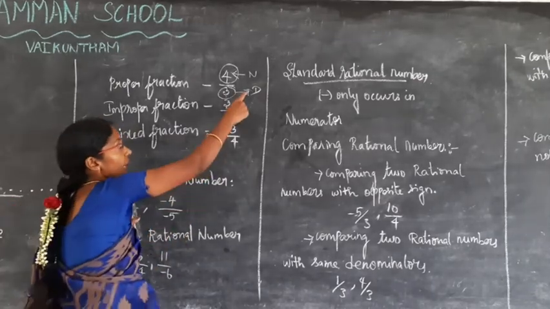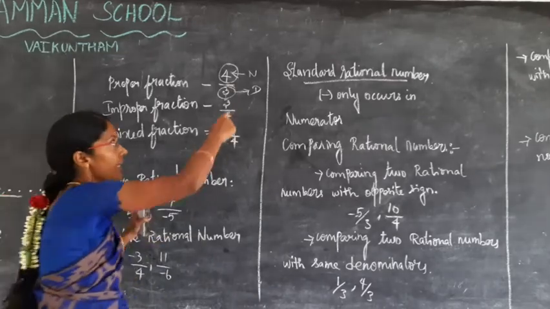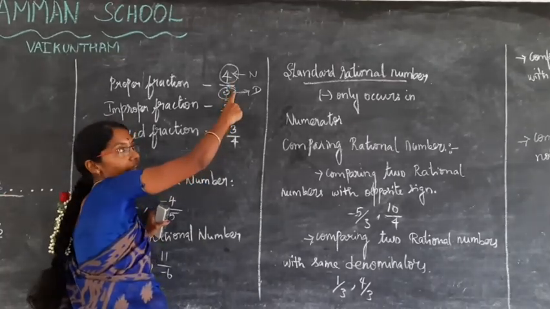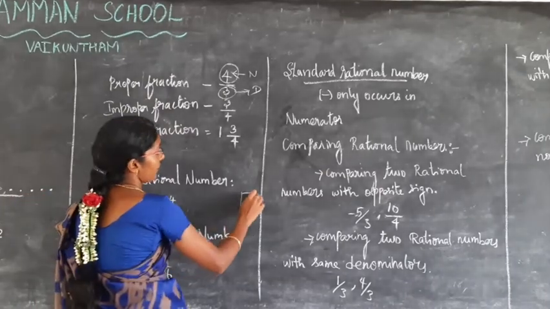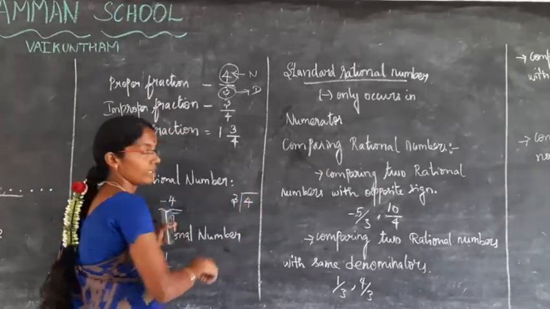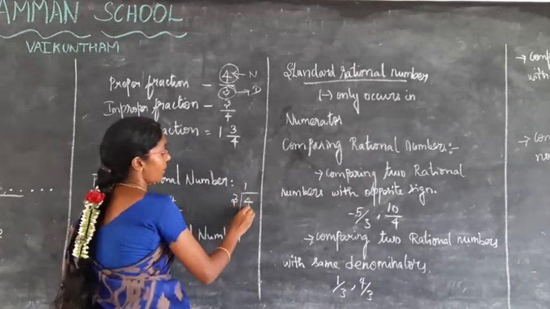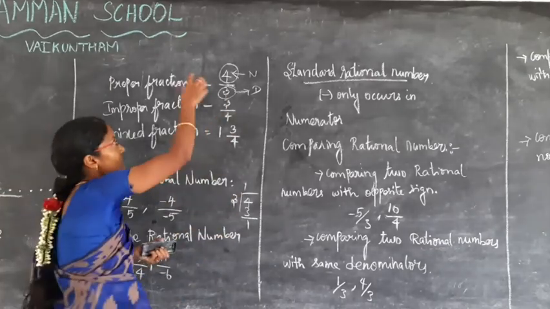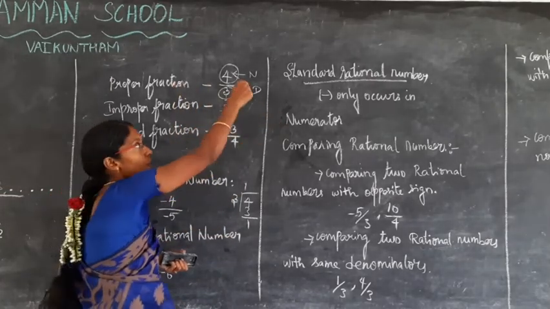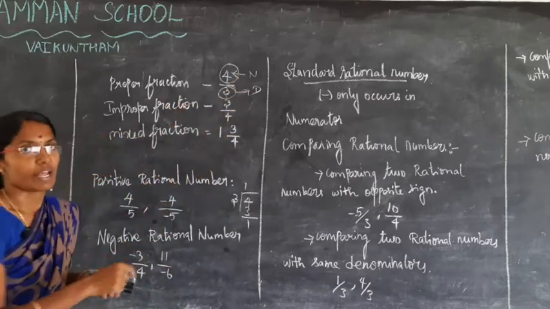If the denominator is less than the numerator, that is called a proper fraction. You can write it like this, 4 by 3. You can divide this: 3 ones are 3, remainder 1. That is called a proper fraction. If the denominator is less than the numerator, that is a proper fraction.